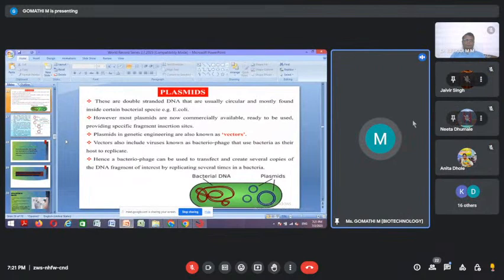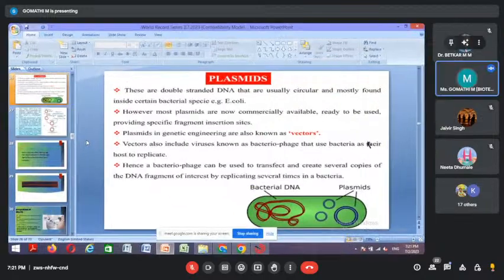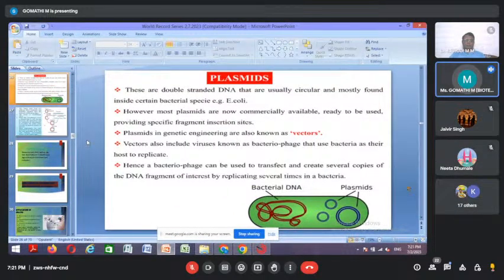Plasmids are called vectors because they are used as a vehicle to carry our own gene of interest to combine with some other gene or DNA fragment. Since it acts as a vehicle, it is called a vector.